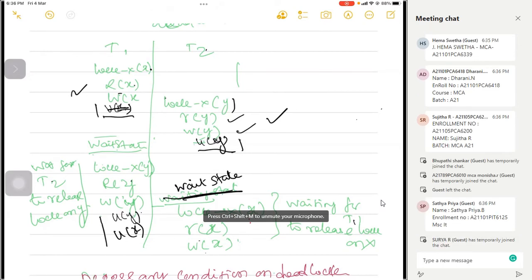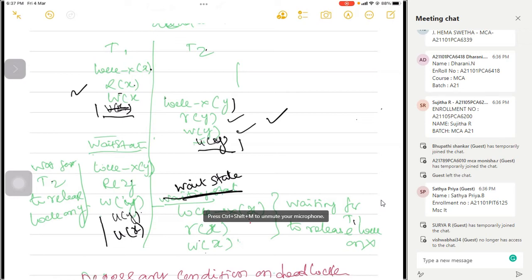Again, lock X of Y. Here the transaction 2 is completely different. The Y record will be exclusively locked. R of Y, write of Y. If it is unlocked, that may be used by another one. Otherwise, it should be in a wait state. Okay, this is a wait state.